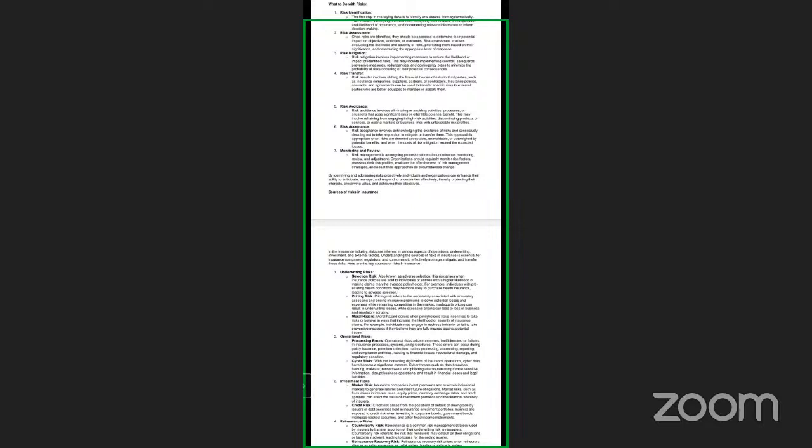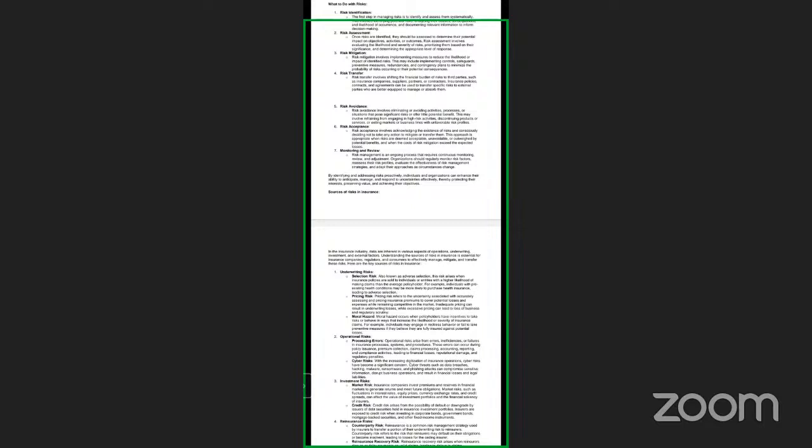So risk identification in the entire risk management plan involves identifying potential risks, analyzing their causes, consequences, and the likelihood of occurrence, and documenting relevant information to inform decision making. Likelihood of occurrence means the frequency of loss they will have to assess. Consequences means they will have to assess the severity of loss.